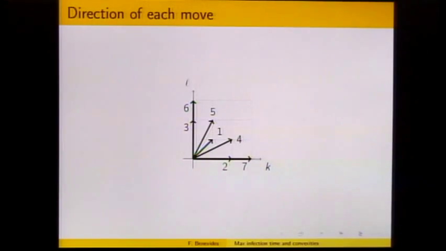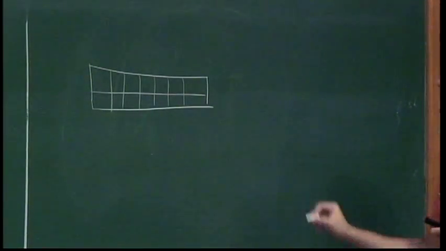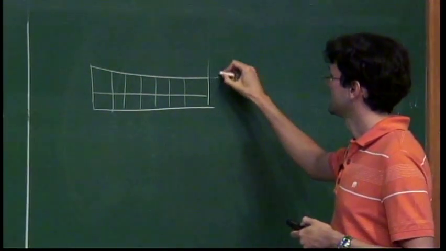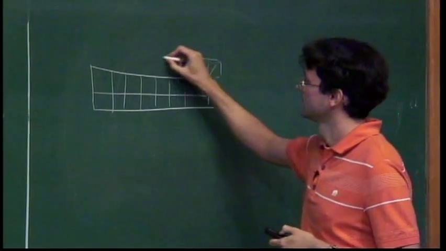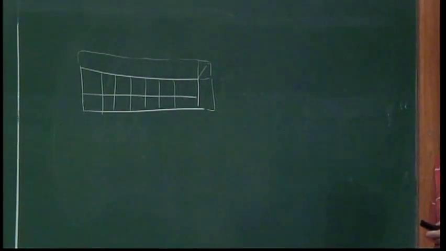You start with some small rectangle, say a 2 by k rectangle, and this rectangle is going to be infected in some amount of time. From this one, I can either add a vertex here, and then it grows to a 3 by k, and I know how long it takes to infect this guy.